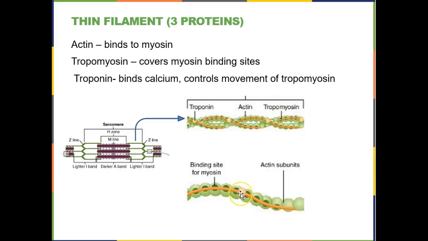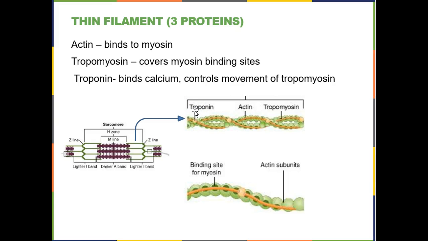And then attached to the tropomyosin is troponin. So the way to keep tropomyosin and troponin straight is that the longer protein, tropomyosin, has the longer name, and the smaller protein, troponin, has the shorter name.